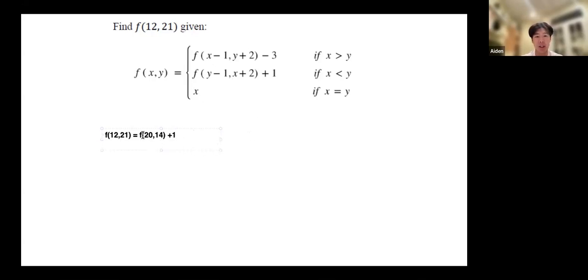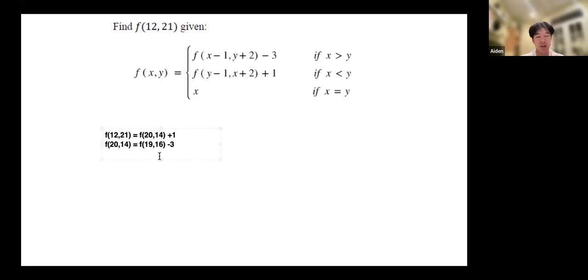Now, since x is 20 and 20 is larger than 14, we can follow the first case. So f of 20 comma 14 is equal to f of 19 comma 16, since you're subtracting 1 from x and adding 2 to y, and then finally you have to subtract 3.